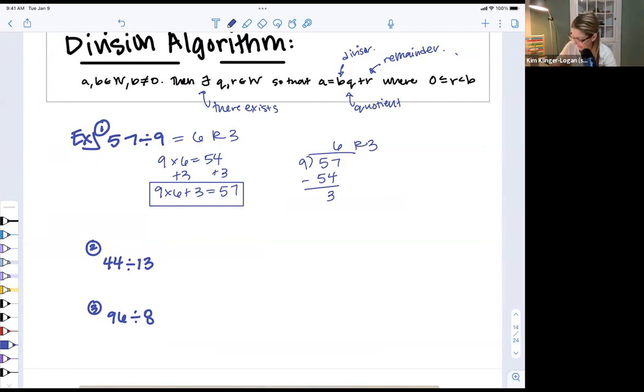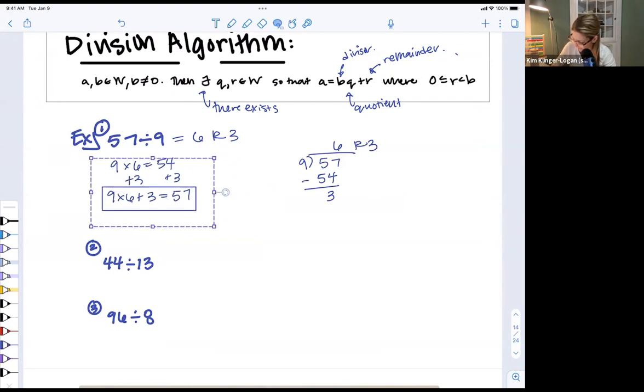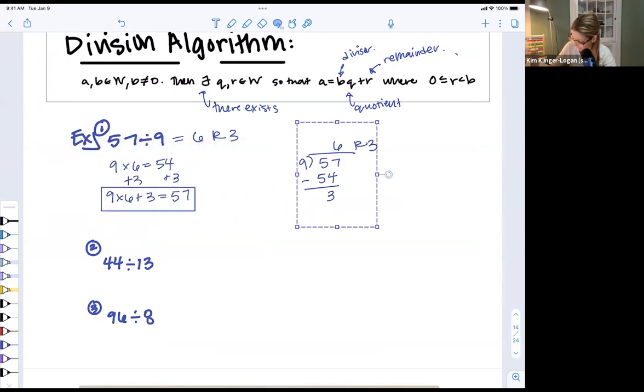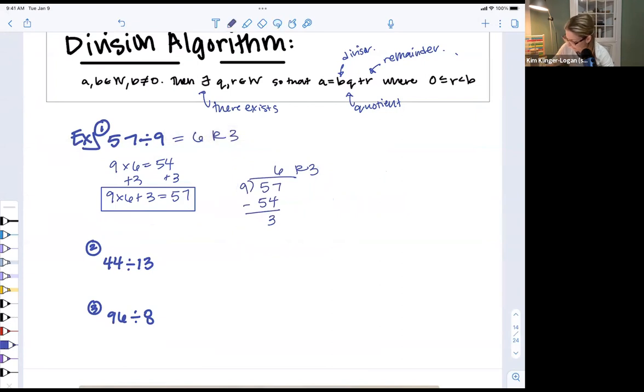And last but not least, I can also think of this in terms of that measurement model. If I'm looking at 57 and I want to divide it by 9, I would move back 9 units.